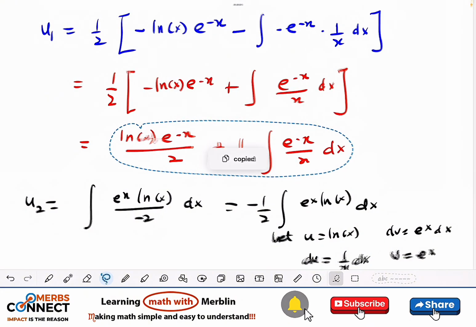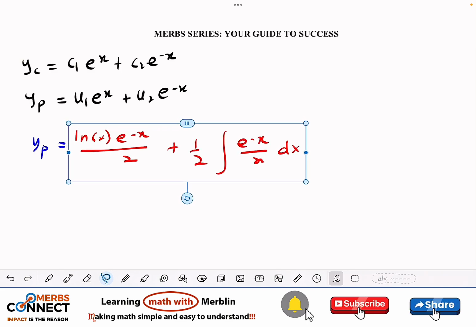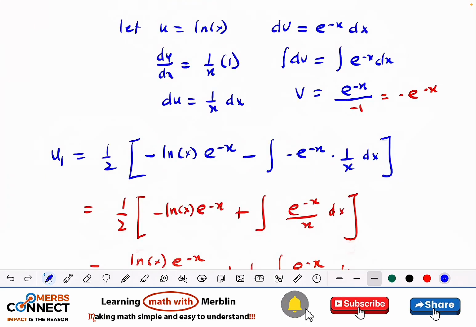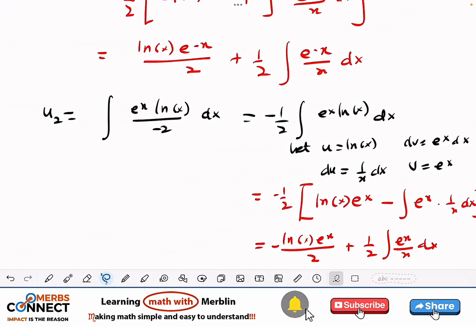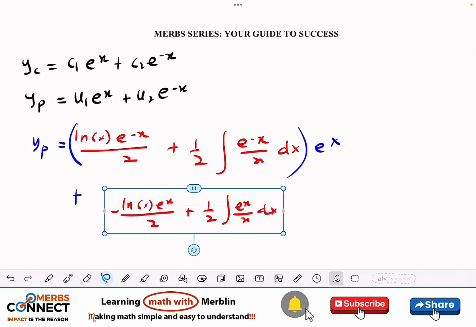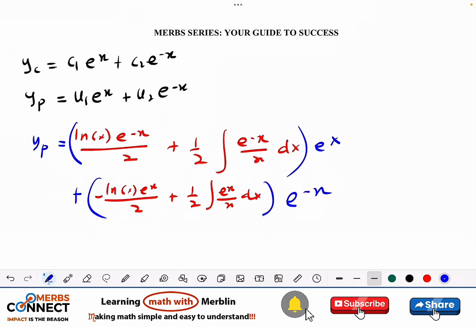This is equal to this here, so we have this one all times ex, then plus y2, we had this. So I copy this and paste it again, so plus this one was u2, so u2 all times e to the power minus x. So that's what we are going to get for yp.